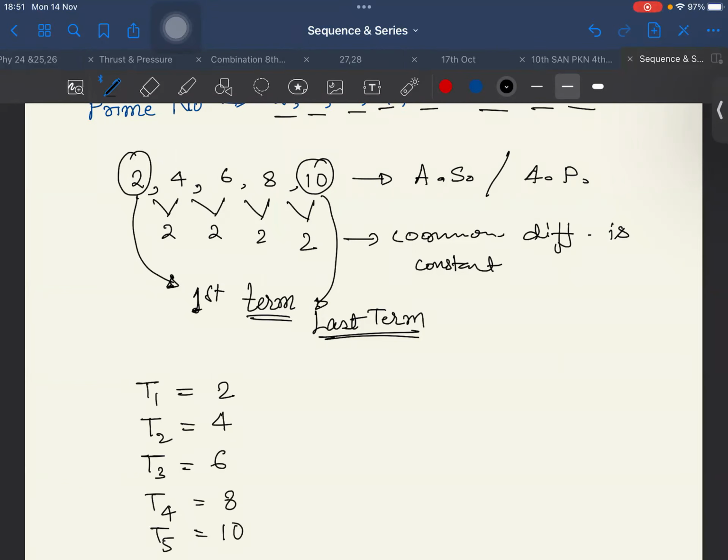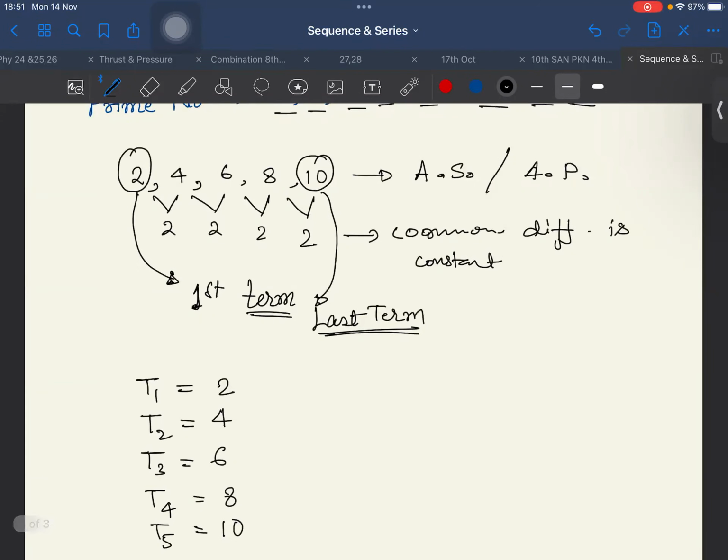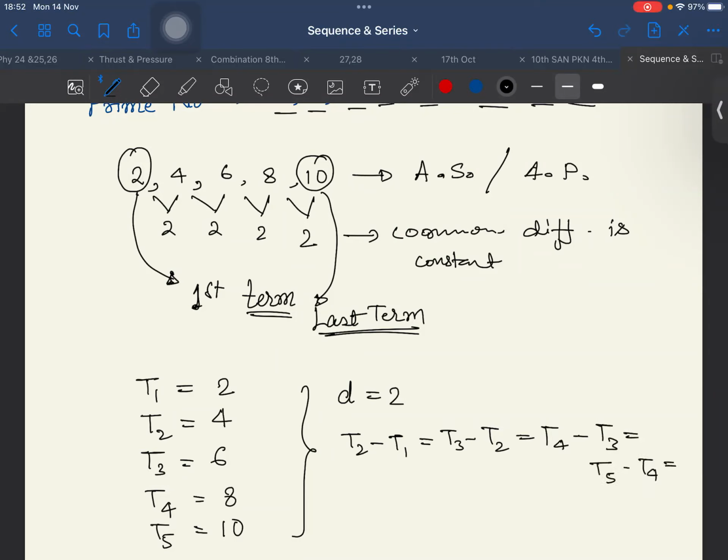So this is the easiest example of arithmetic progression that I can give you. Now tell me, there is a common difference D equal to 2 here. If you subtract T1 from T2, T2 minus T1 is equal to T3 minus T2, which is equal to T4 minus T3, which is equal to T5 minus T4, which is equal to 2.